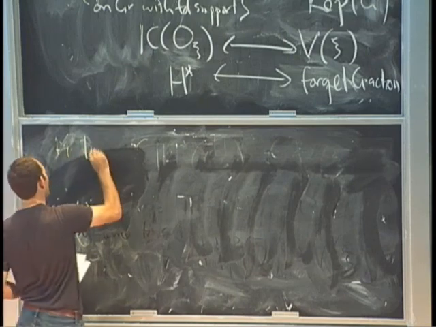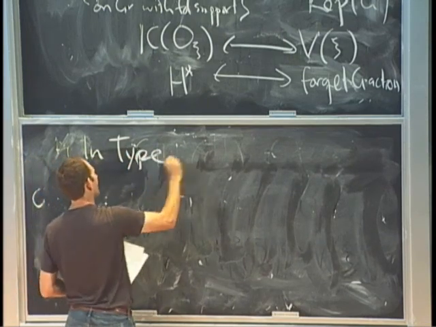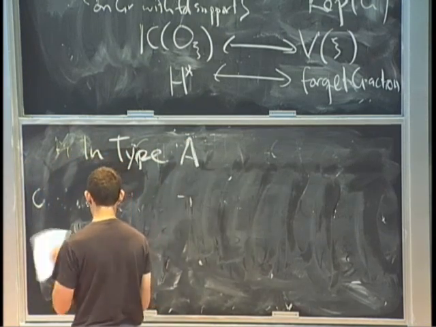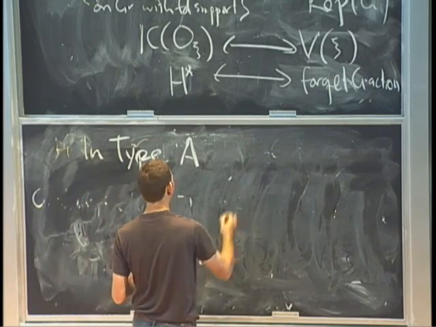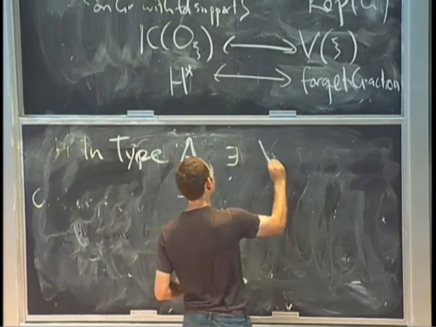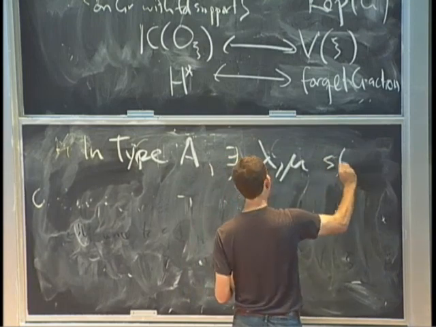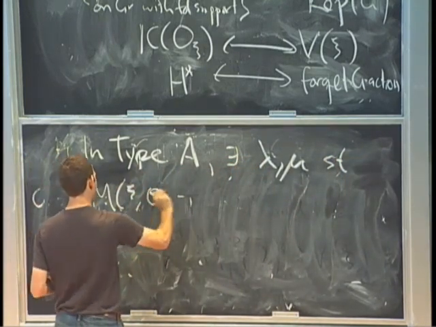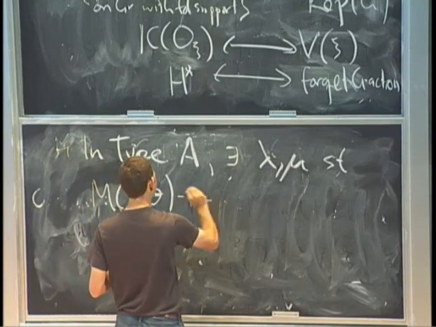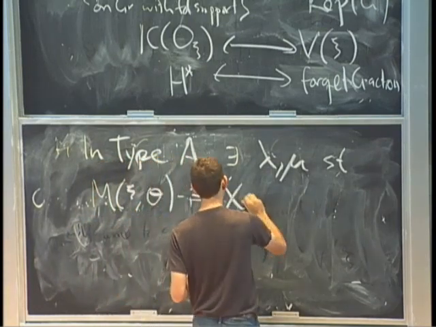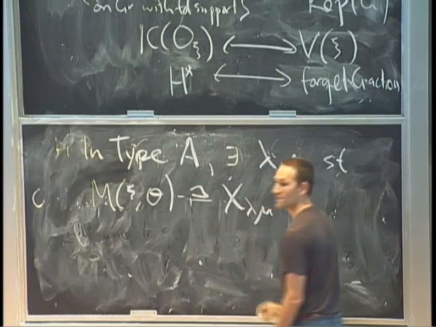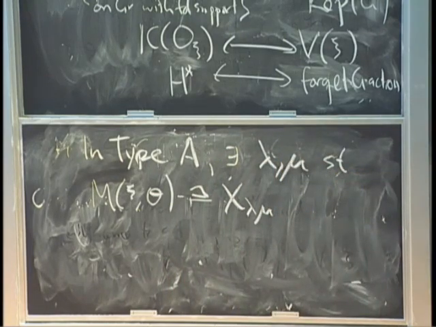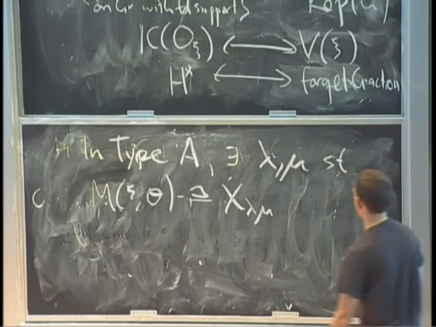So in type A, there exist partitions lambda and mu such that this quiver variety M Xi theta is just the variety X lambda mu, the Slodowy slice to one SL_n nilpotent orbit inside another SL_n nilpotent orbit.